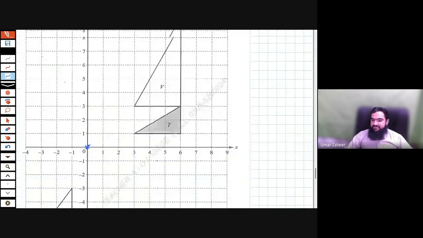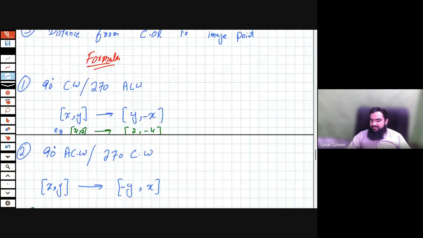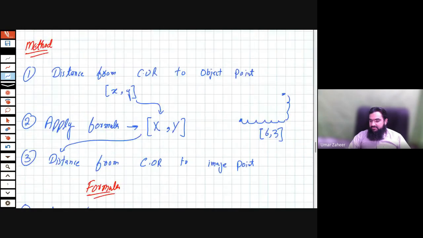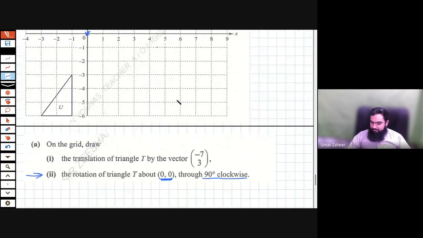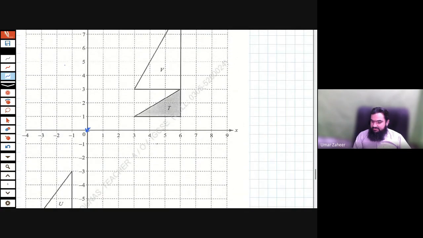So what is the first step? The first step is to take the distance from the center of rotation to the object point. So let's see how to take the distance. 1, 2, 3, and 1. So the distance is (3, 1). The second one is 1, 2, 3, 4, 5, 6, and 1.